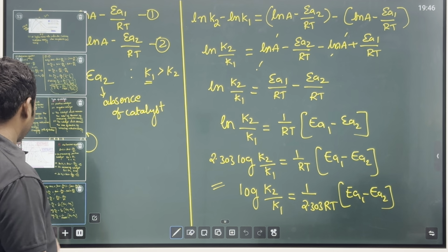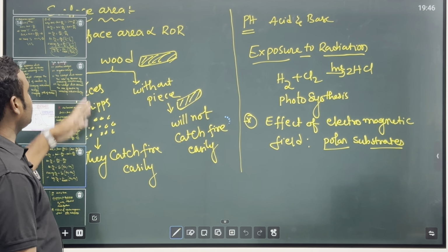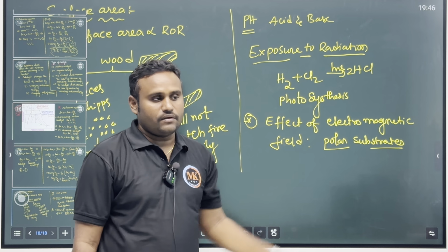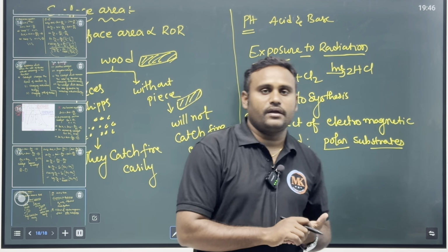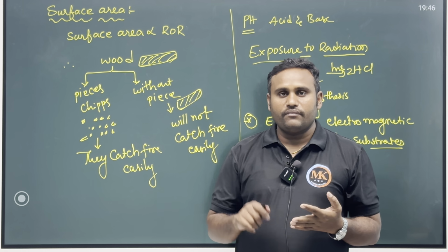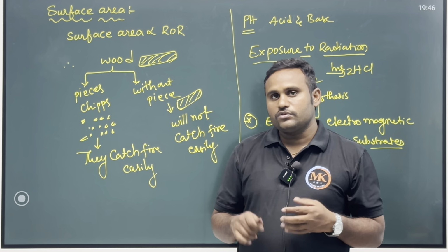Okay. Next, the remaining factors: surface area, pH, exposure to the radiation, effect of electromagnetic field. Okay. So this is about the factors affecting the rate of reaction. Out of these, you need to learn properly the effect of temperature and the effect of catalyst. There only they asked some questions in previous years.